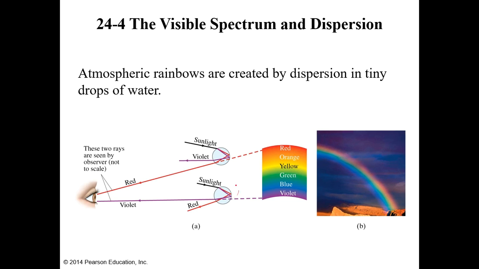Whereas for droplets that are further down, because violet light is refracting more, violet light comes out on top and you see that violet light there, whereas the red light refracts less and is going down beneath your eye. So the higher raindrops you see as if they were red, the lower raindrops as if they were violet, which is why you get the rainbow as you see here in this picture.